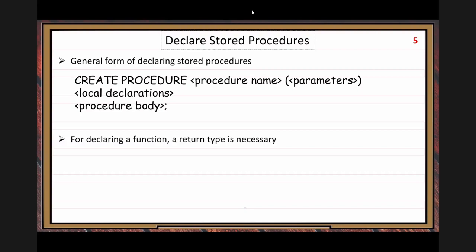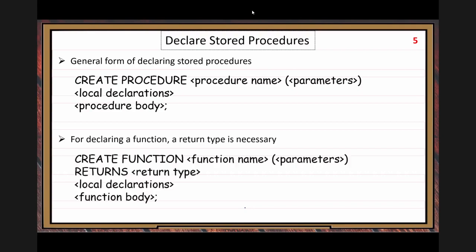Second type, declaring a function. You need to return your output data, so you need to choose this function way. Create function name, then input parameters, then you specify the return type, the output. Then local declaration and a function body.